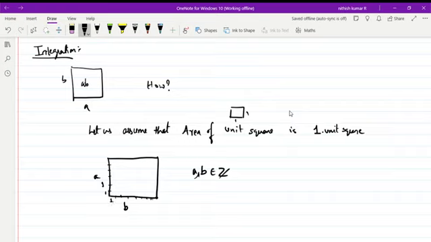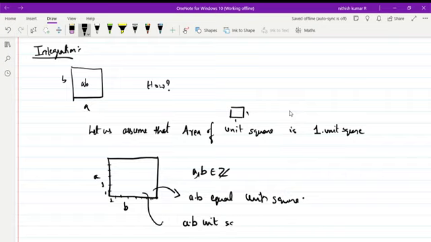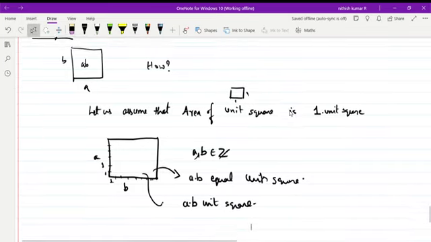So you divided this rectangle into A into B equal unit squares. Each unit square has area 1 unit square. Therefore, the area of this rectangle is A into B unit squares.